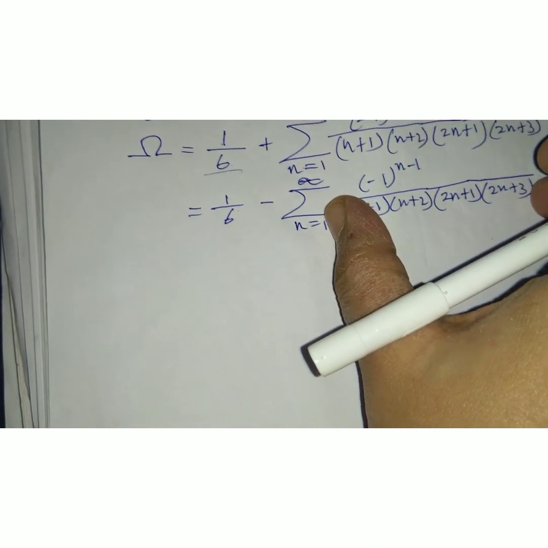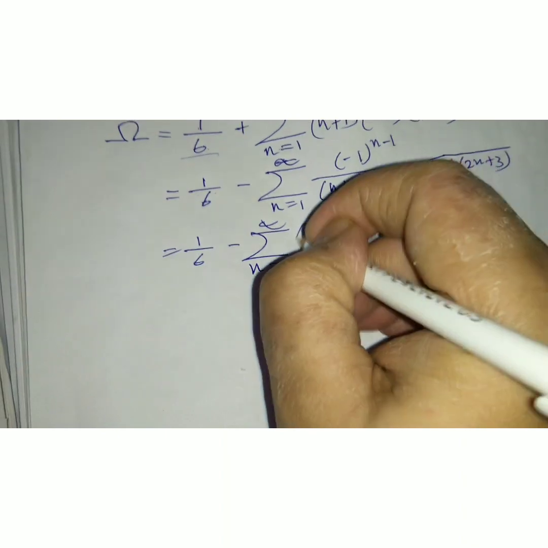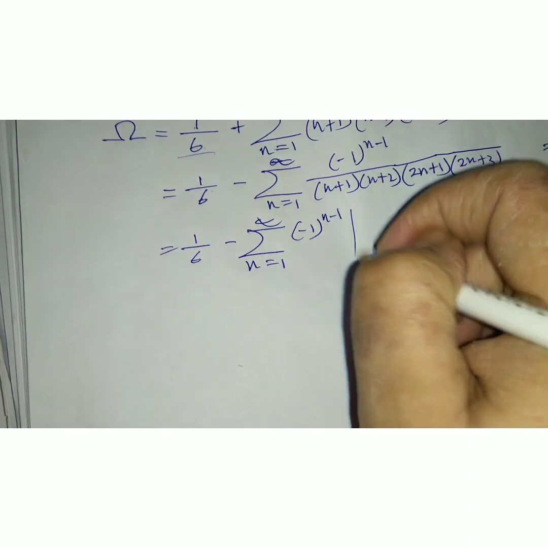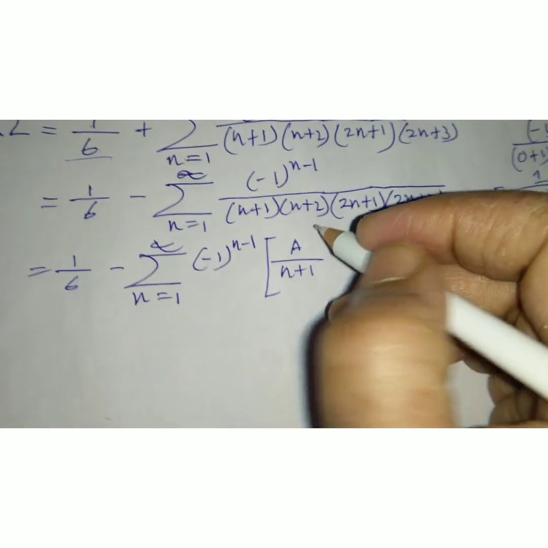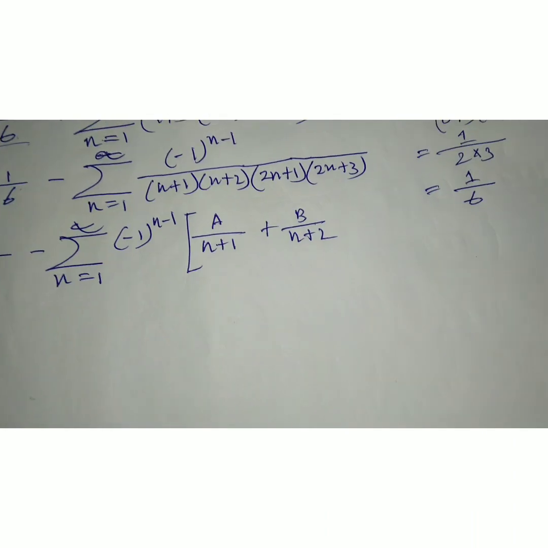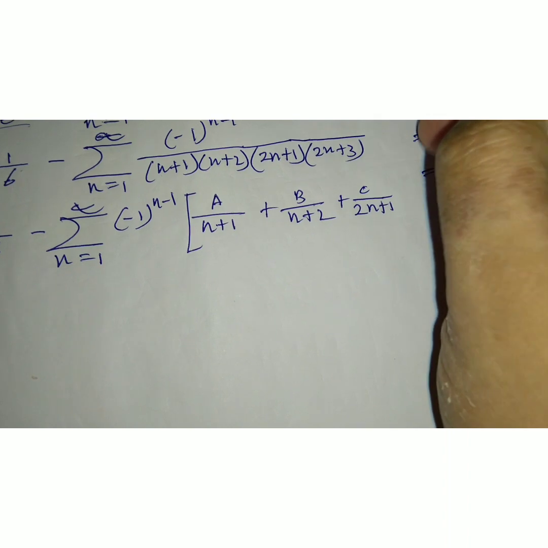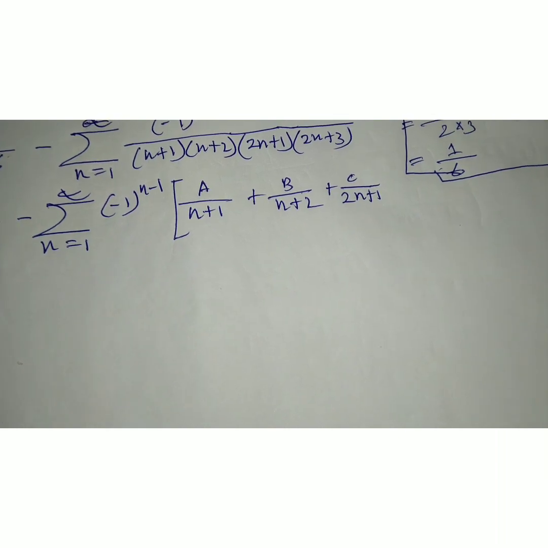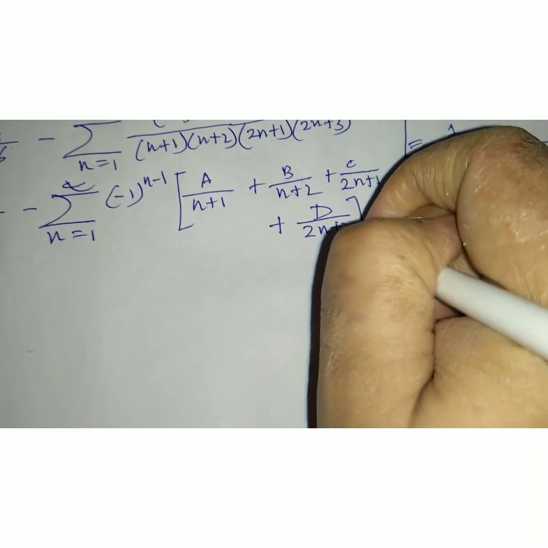this problem can be written this way: 1 by 6 minus summation n equals 1 to infinity of minus 1 to the power n minus 1, and it can be written as a divided by (n plus 1) plus b divided by (n plus 2) plus c divided by (2n plus 1) plus d divided by (2n plus 3).